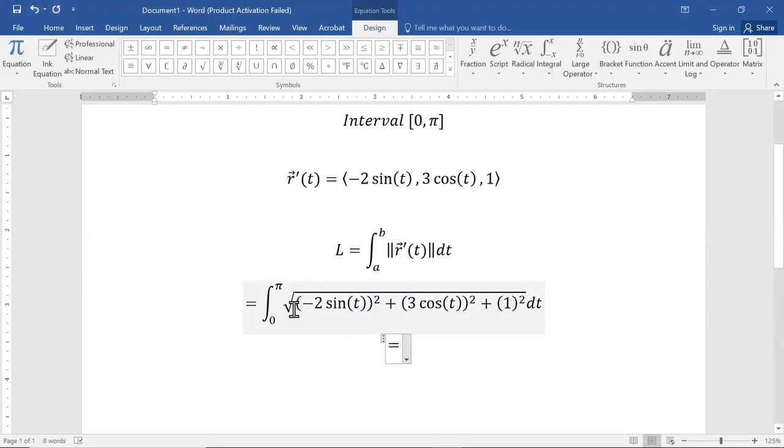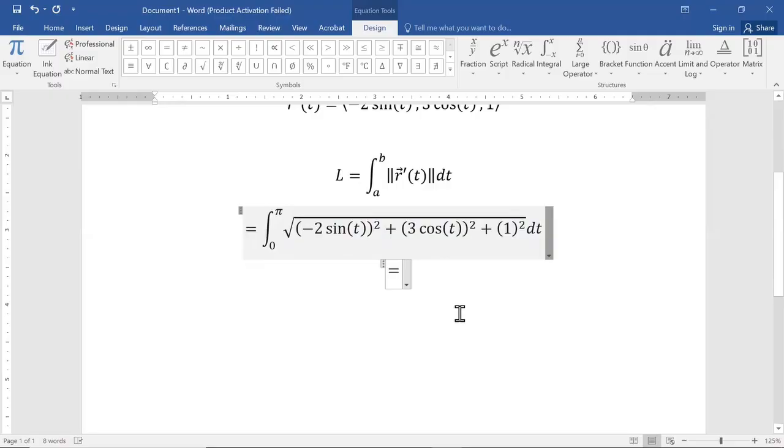If you want to do this by hand, that's a pretty difficult problem, but you can do it using technology and get an approximate answer. Make sure if you're doing this on a calculator that you are in radian mode. So I'm going to go ahead and do that.